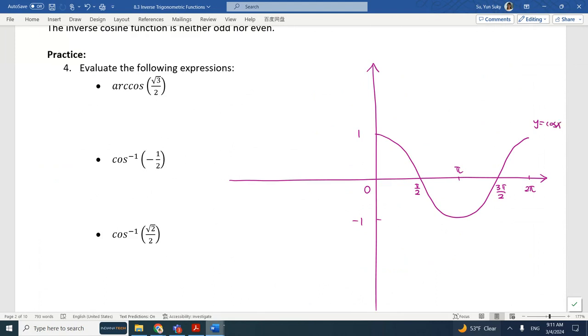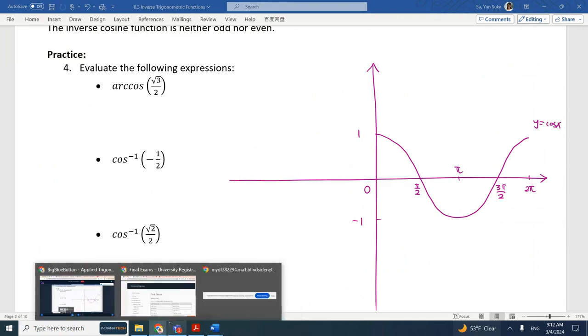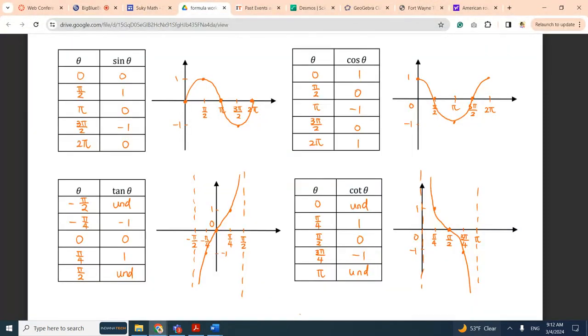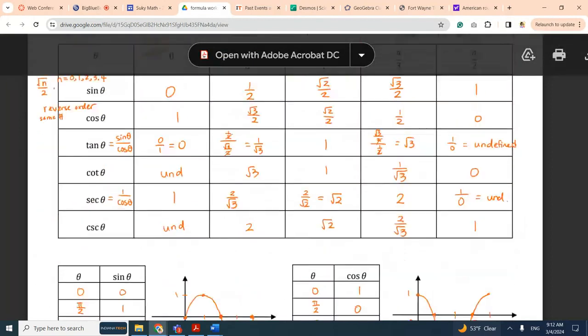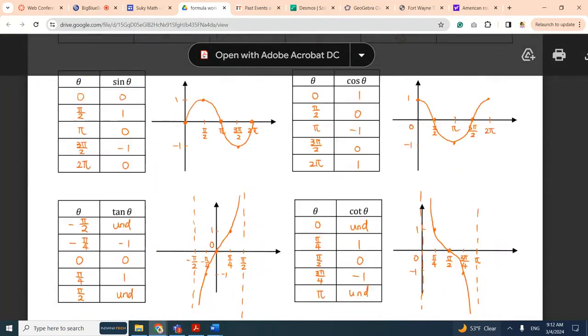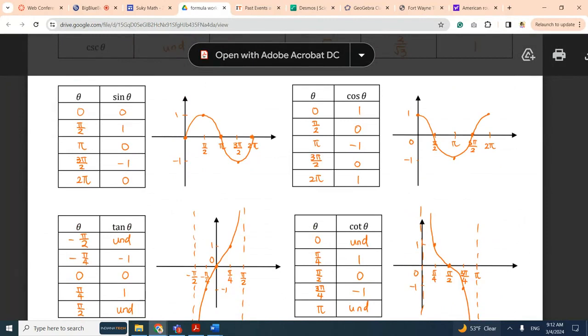By the way, today, at the end of the class, you will practice this worksheet. You will fill out the values of this worksheet. Do you still remember this worksheet? Sine and cosine: the sine starts with 0 and cosine starts with 1. The theta values are the 5 numbers spread over the interval from 0 to 2 pi. And the period of tangent and cotangent is pi, right?